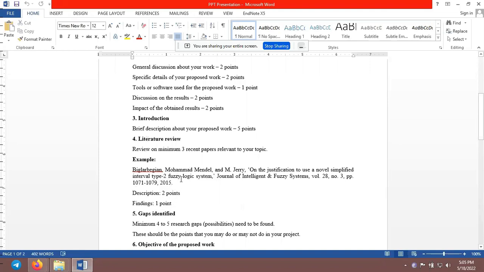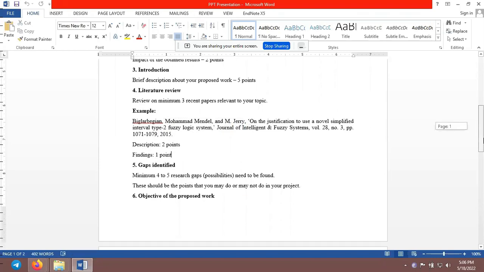It can be presented in a tabular column, with the paper name and a description of what work was carried out and what the possibilities or drawbacks in that paper are, which can also be mentioned as findings. And a minimum of three slides: literature review 1, literature review 2, and literature review 3.